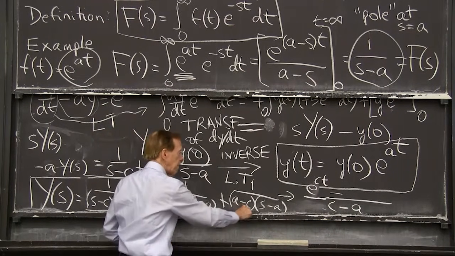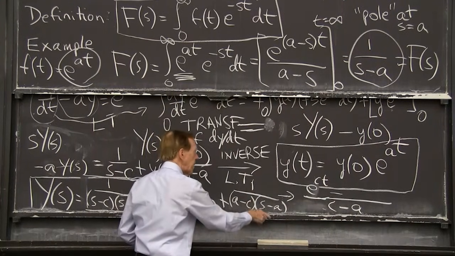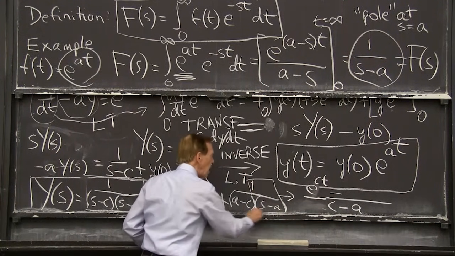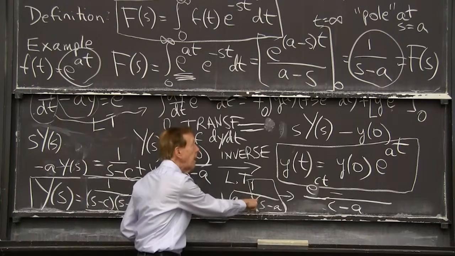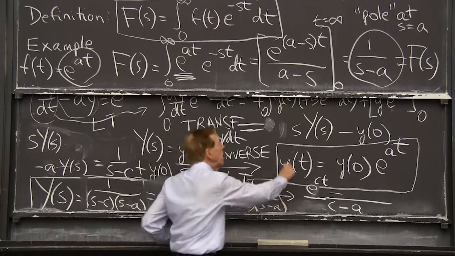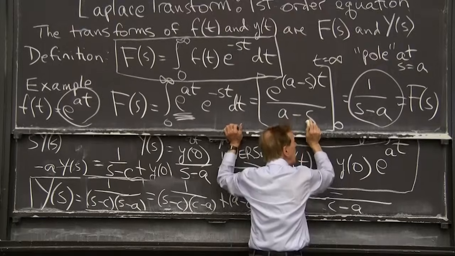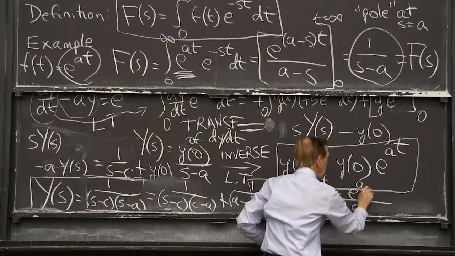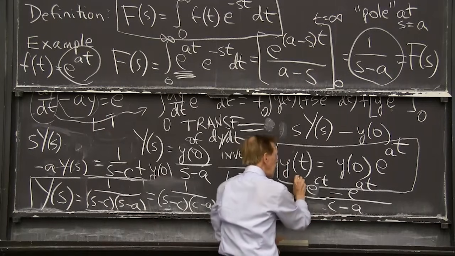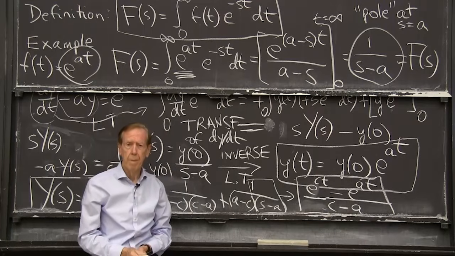Here it is with a minus sign, so I want a minus there. And what function gave me that transform? E to the at, right? That's the one we know. The unforgettable transform of a simple exponential, e to the at. That is the particular solution.